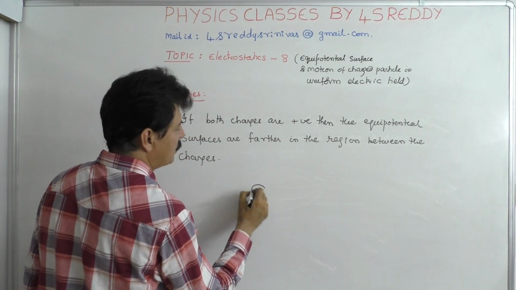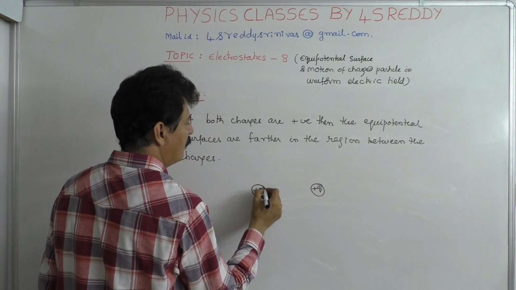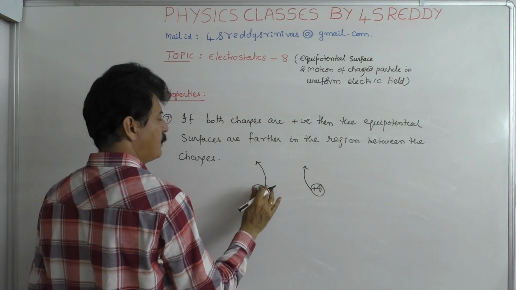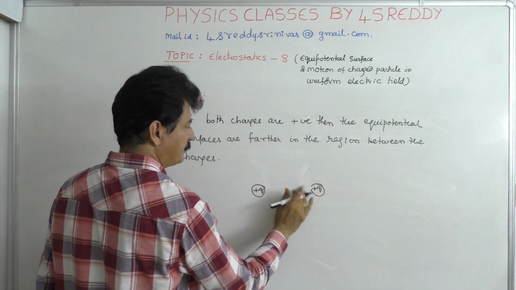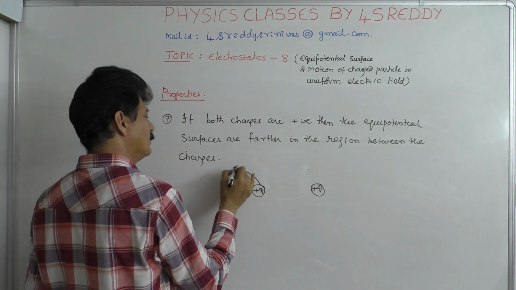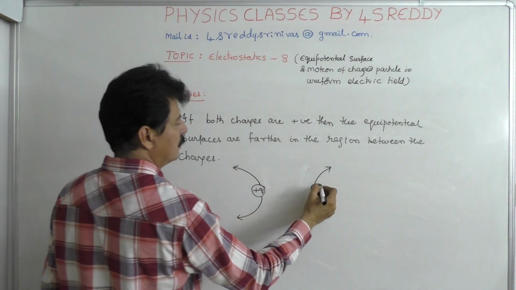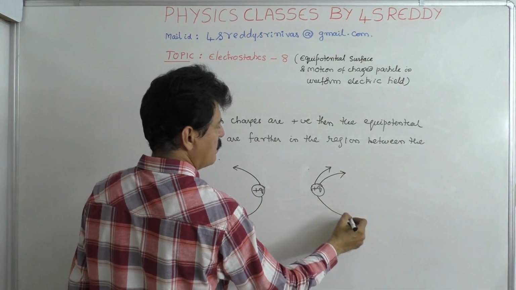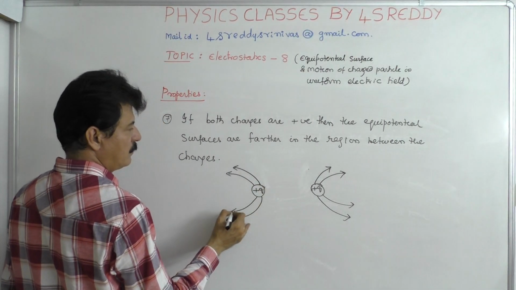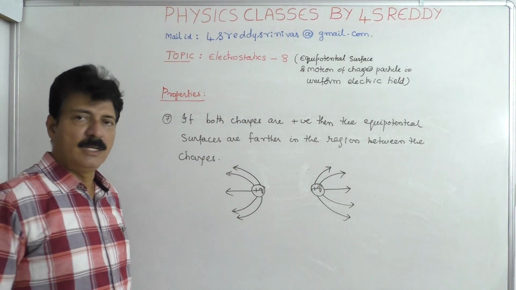Suppose this is plus Q. This is also plus Q. So in general what happened? All these lines of force are like this. Because of the repulsion, it will be like this.